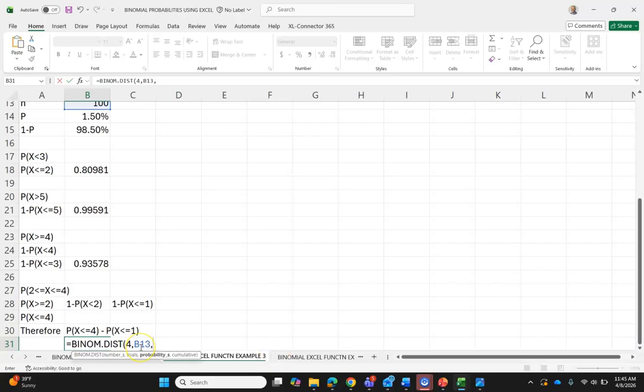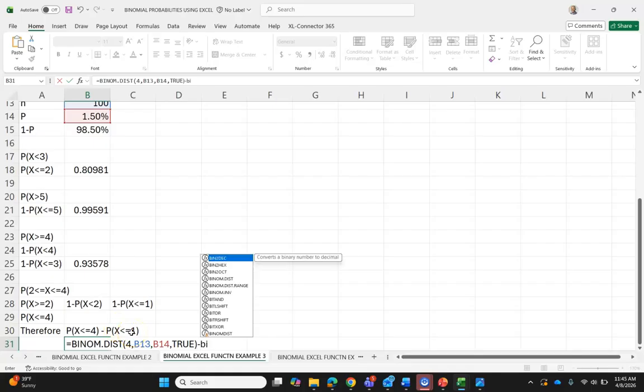So I put 100. Now I'm going to put probability of success, which is 1.50%. Click on that and put comma. And then we need to find if this is cumulative. Yes, it is cumulative. So I'm going to click on true. Close the bracket, minus.